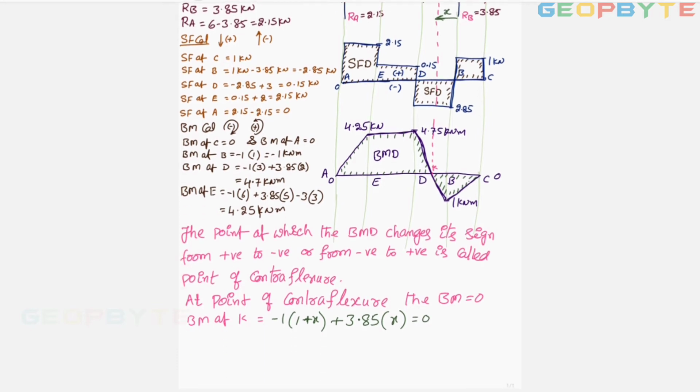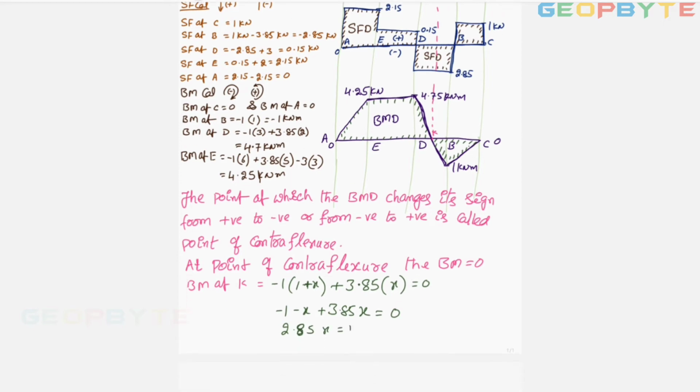From this you can find the x value. This is how practically you have to find the point of contraflexure. It is minus 1 minus x plus 3.85 x equal to 0. Now it is 2.85 x equal to 1.